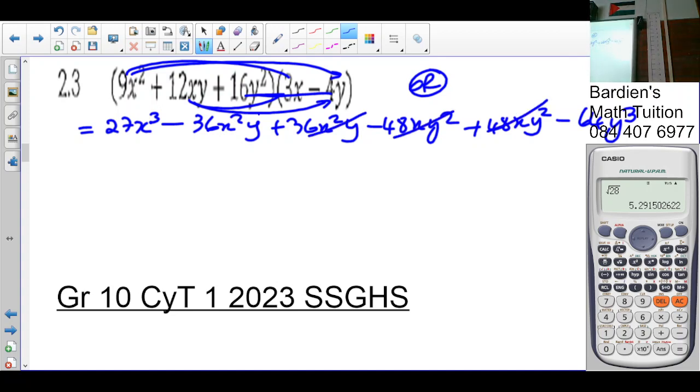Of course that cancels when I add like terms, giving you 27x cubed minus 64y cubed.